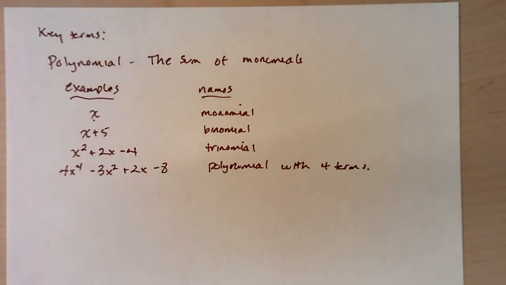If there's 1 term, it's a monomial, 2 terms, binomial, 3 terms, trinomial. Anything after that, a polynomial with 4 terms, a polynomial with 5 terms, and so on. All of these are still polynomials. x is a polynomial, but the more specific name is a monomial. x plus 5 is a polynomial. The more specific name is a binomial. But those are examples of polynomials, monomials, binomials, and trinomials.